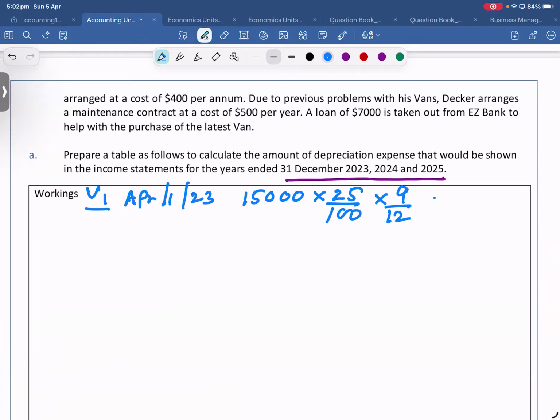So then I'm getting 2,813. Because why? How many months? From 1st of April there are 9 months.